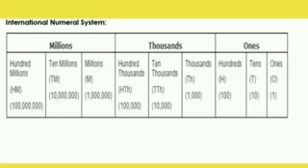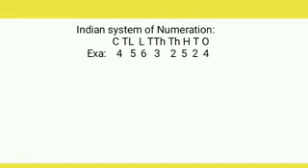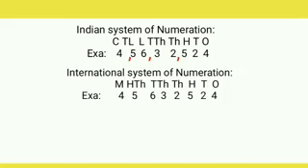Let's take an example: 4, 5, 6, 3, 2, 5, 2, 4. According to the Indian system of numeration, the first comma will be inserted after three digits from the right, that is after 5. Then two digits, that will be after 3. Then the next comma after 5, and so on.